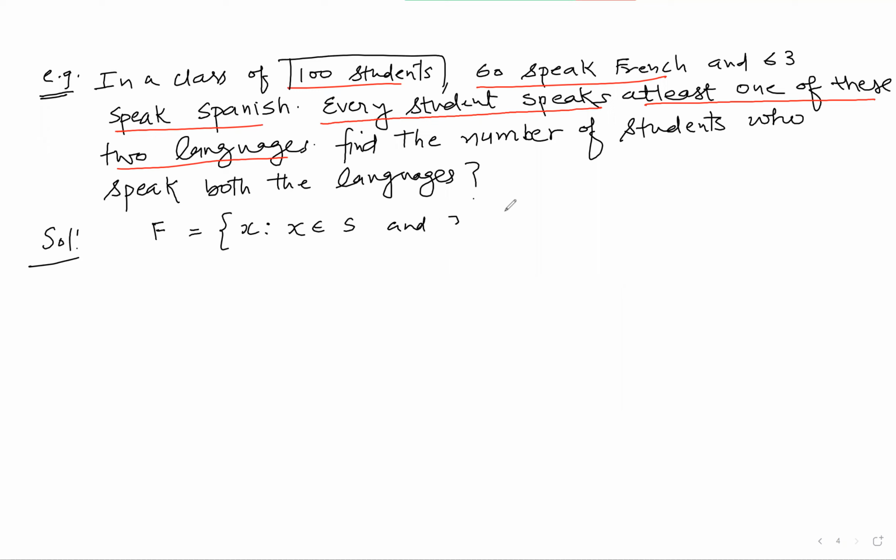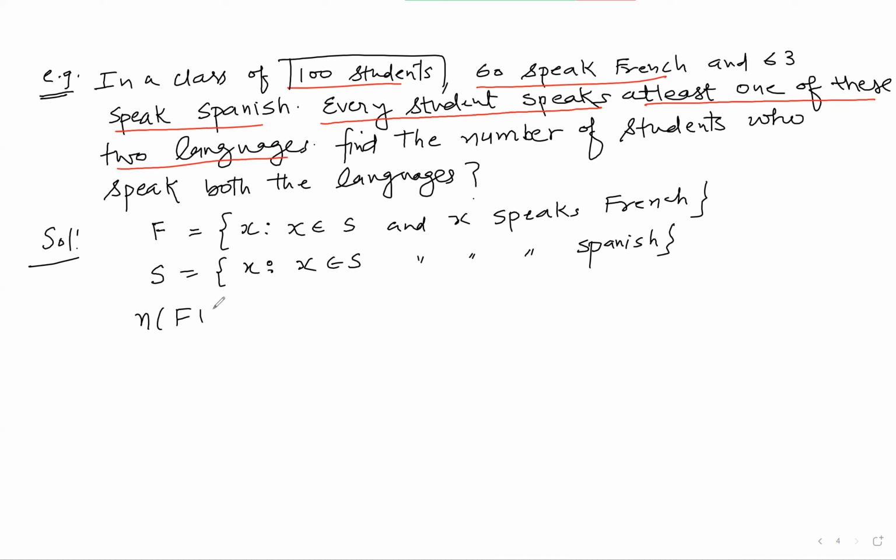And x speaks French. Let us take S as all x such that x belongs to S and x speaks Spanish. Okay. So here this 100 shows numbers in Spanish or French, meaning the number of students who speak at least one of these two languages.